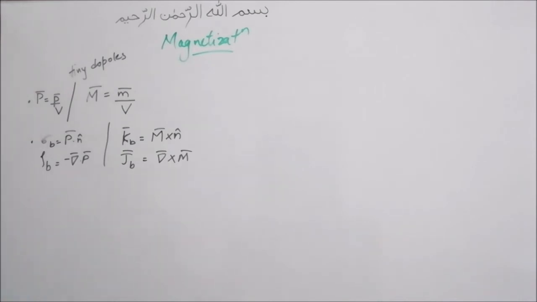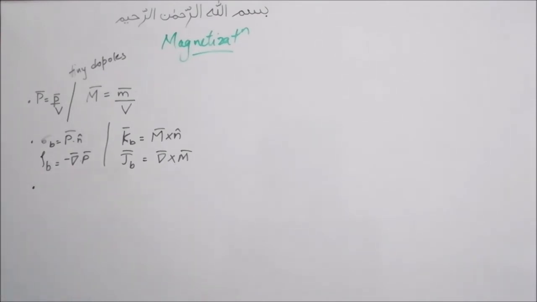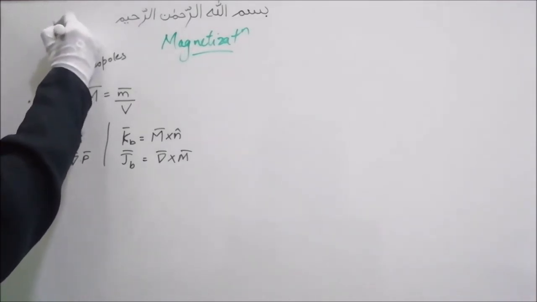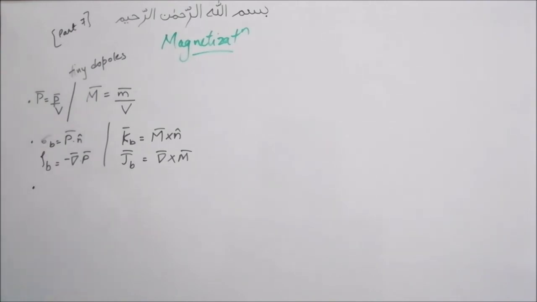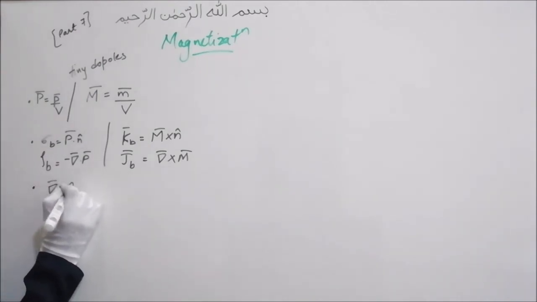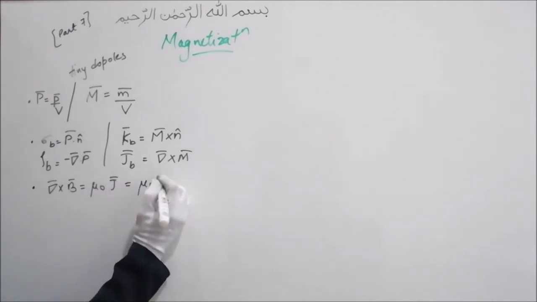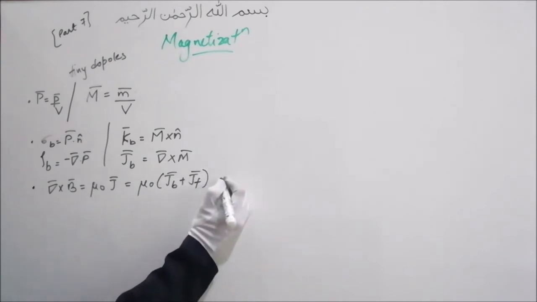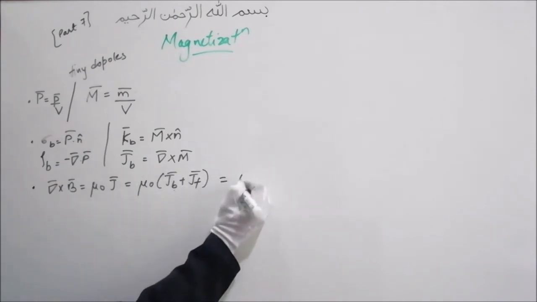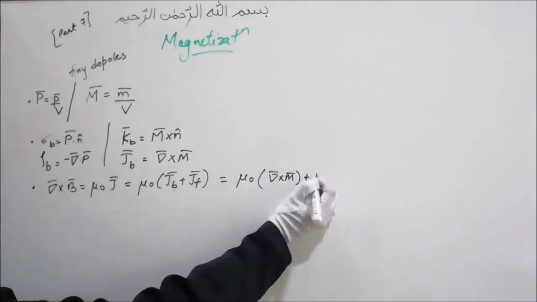Now considering Ampere's law in magnetized materials, just like we considered Gauss' law in dielectrics, you can look that up in EMT part 7. We have del cross B is equal to mu naught J bar. J here will consist of both the bound as well as the free currents. This will be J bar, that is del cross M, so we have mu naught del bar cross M bar plus J free.